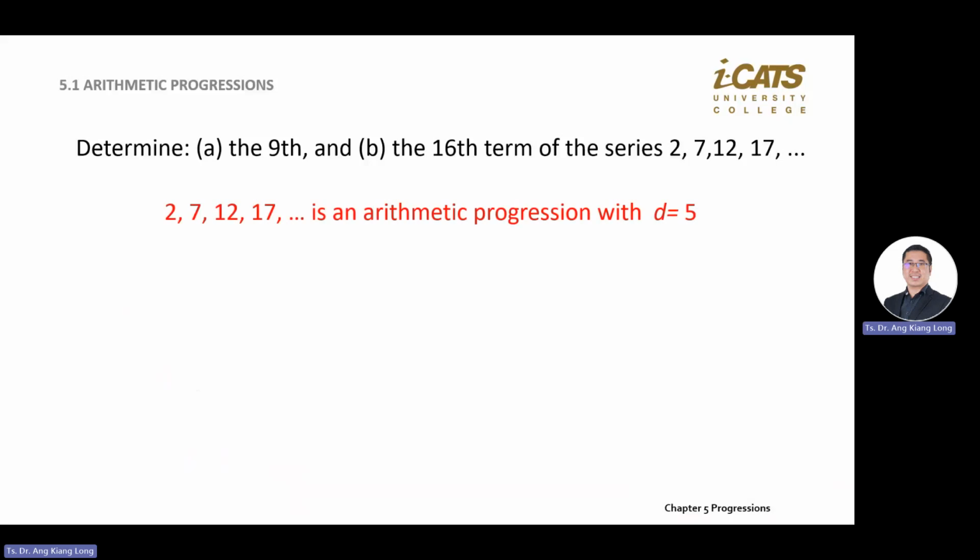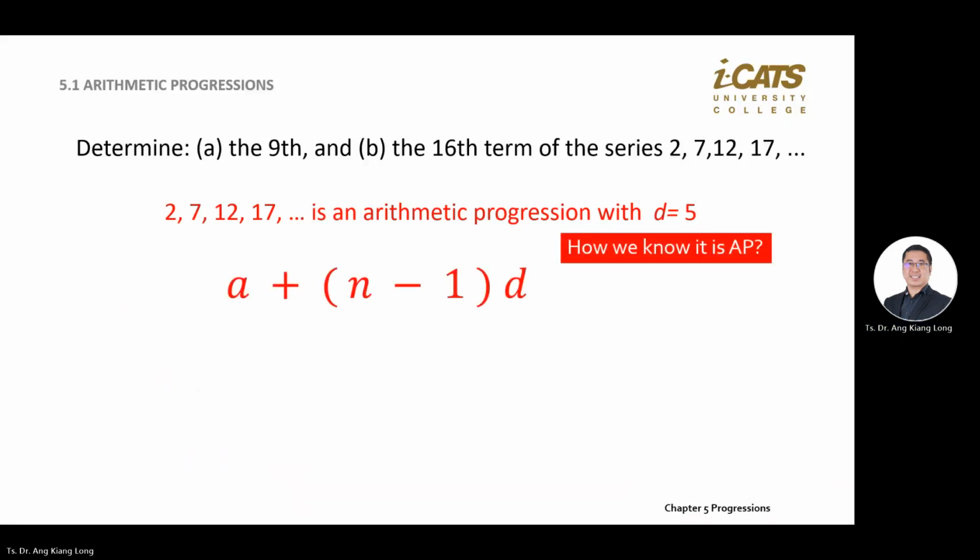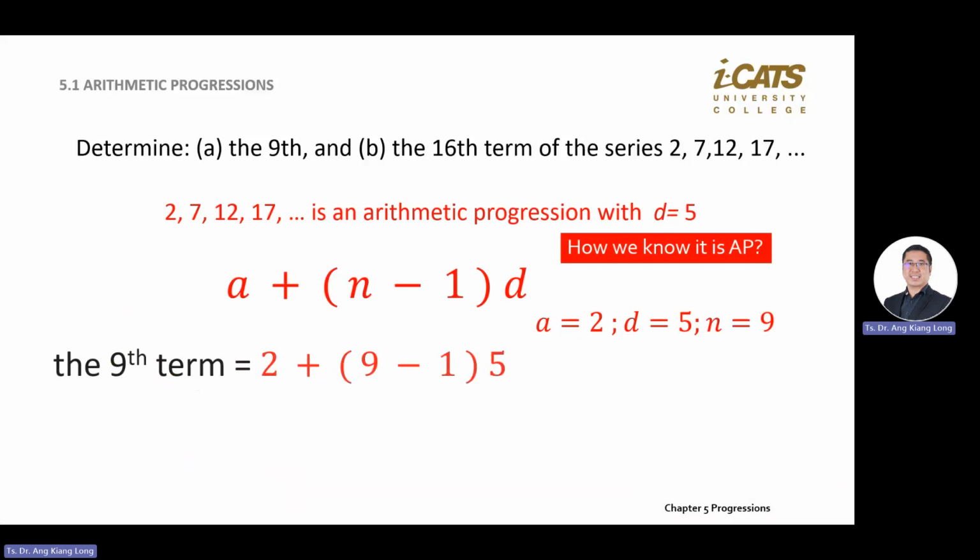So you first identify like this, with a D of 5, and it's in this form. Then you substitute values. You write the 9th term equals the general equation.